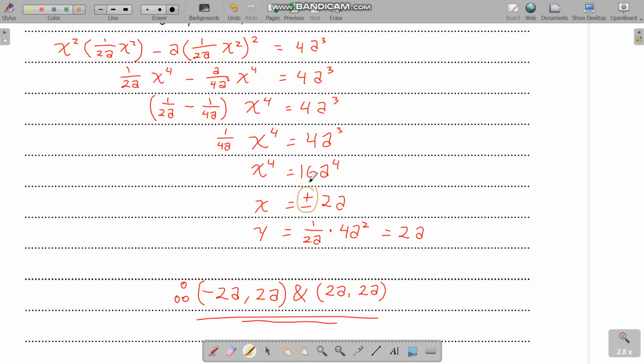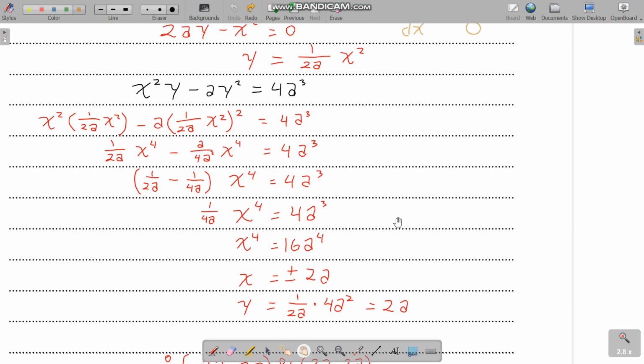Don't forget plus or minus because it's an even power. The fourth root of 16 is 2, the fourth root of a to the fourth is just a, so x is plus or minus 2a. For the y, just substitute here. The y is 1 over 2a times x squared, so we don't care which one we use, plus or minus 2a, the square is always positive for a squared.